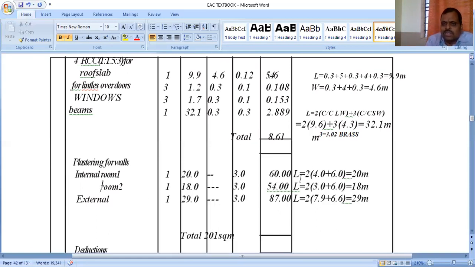Now, first of all we have to calculate the length. So the length will be, for room 1, 2 into, the length is 5 meter, and the width is no doubt 4 meter. So 5 plus 4 is 9 into 2, the total length will be 18 meter for room 1.